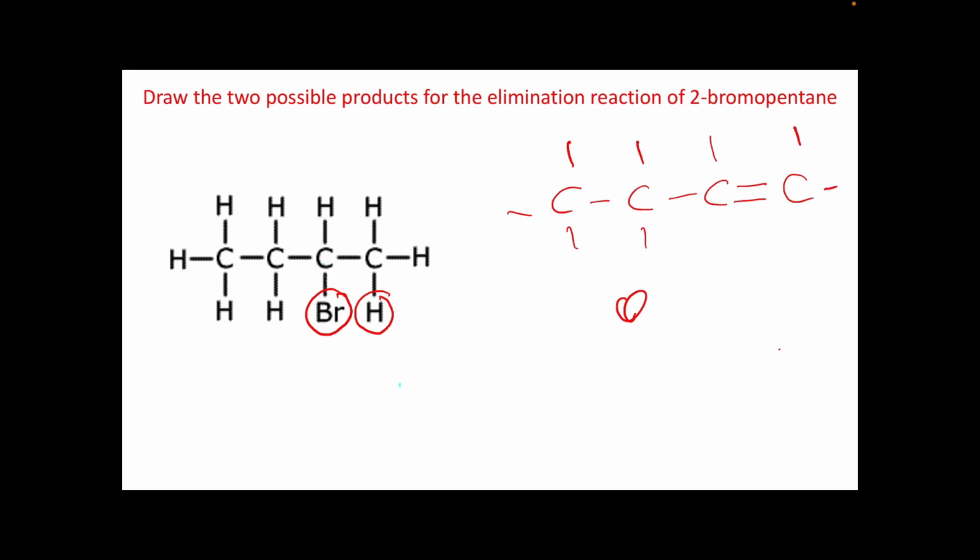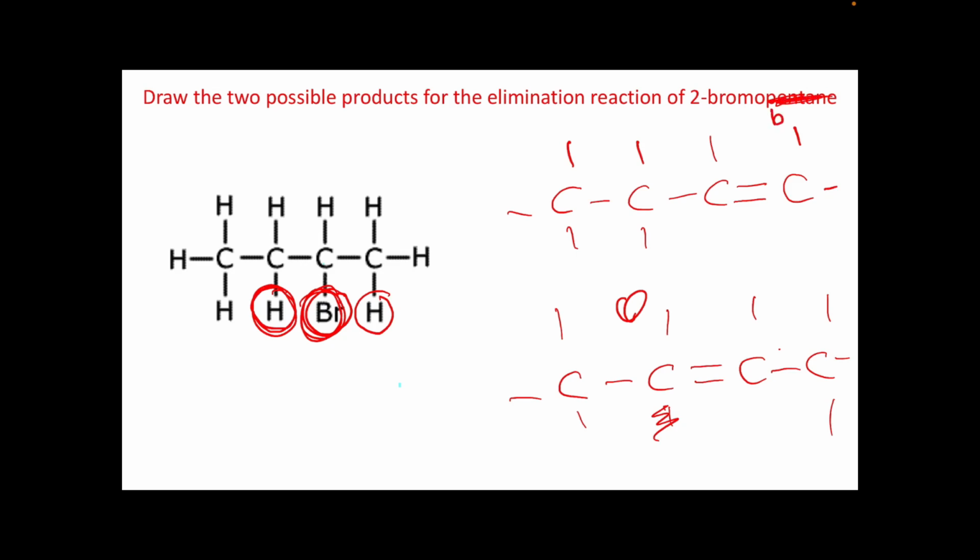Or you could get the hydrogen being removed from this carbon instead, so you would get the double bond forming in between the middle two carbons. So you could again make but-1-ene and but-2-ene.